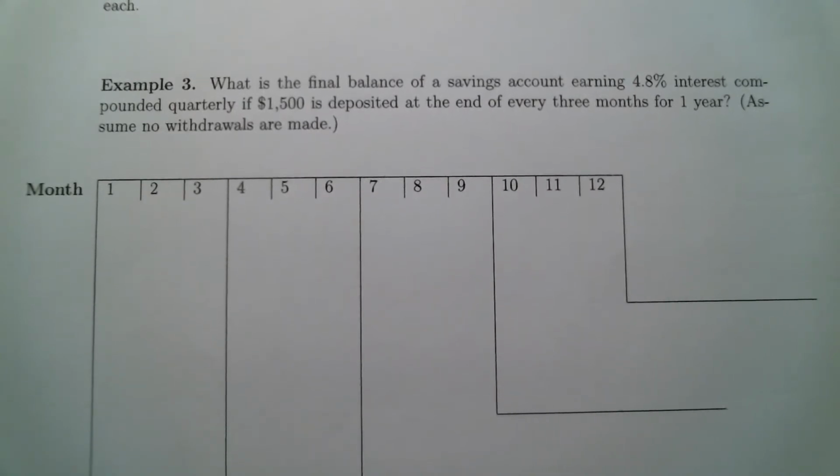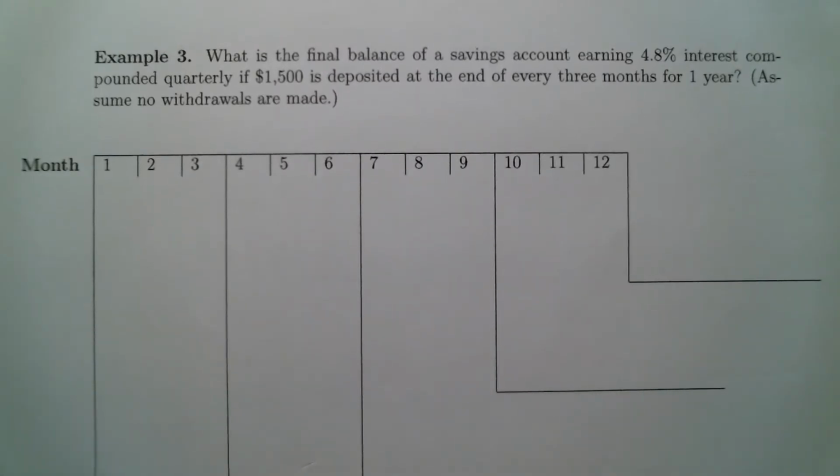We're going to look at the same problem, same initial deposit of $1,500, keeping the same interest rate and same amount of time. We're still saving for a year, but we're going to look at it from an annuity perspective and map it out just like we did for compound interest in example 1. And we're going to learn how the annuity differs from compound interest.